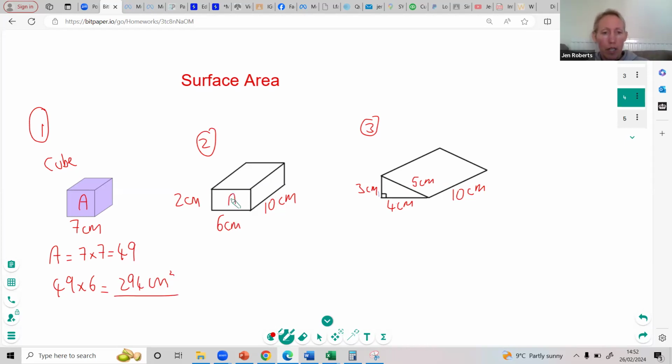Okay, for our cuboid, let me call each face A, B, and C. So the rectangle A has an area of 12. That's the same as the back one, so I'm going to double it. We've got rectangle B as an area of 20, which is the same as the side one here.